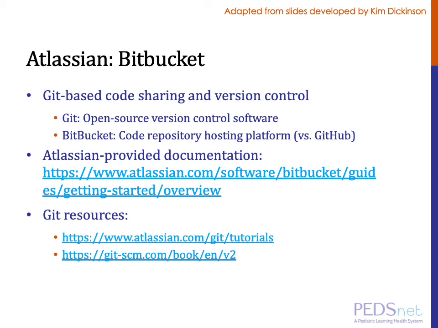Again, Atlassian makes available documentation for this tool, and I've also included some links to resources on Git, the version control software. There are tutorials made available by Atlassian, and there's also the site specific to Git itself, which provides documentation too. And again, we'll take a look at some examples of how we use Bitbucket and also how Bitbucket, Jira, and Confluence can be integrated together in the live session.